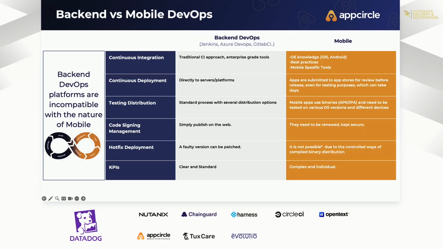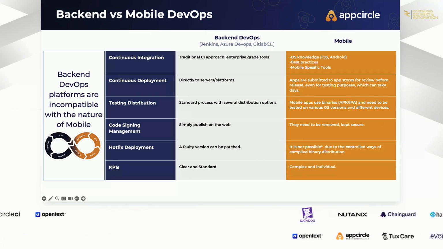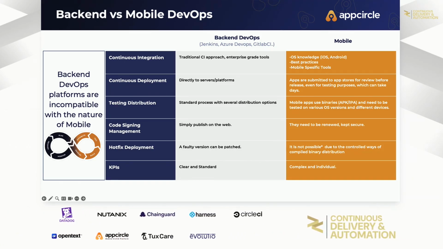So what are the basic differences? We just tried to gather some important points or milestones to highlight the differentiation points. So for continuous integration, we call it traditional CI. I already talked about the solutions here. There are already enterprise-grade tools. Global big companies are providing all these tools. There are also open-source tools as well.